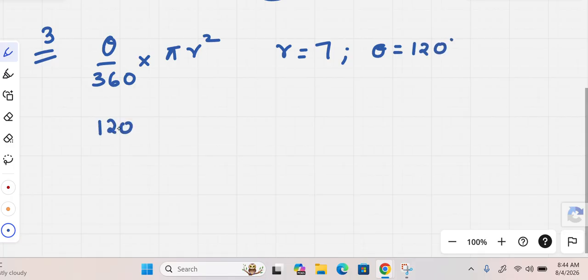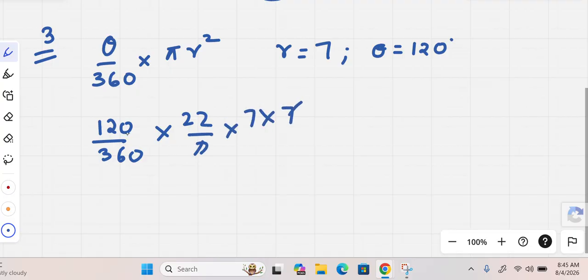So 120 by 360 into 22 by 7 into 7 into 7, 7 and 7 cut, and 12 and 36 also gets cut. So we are left with 154 by 3. 154 by 3 is not the option.